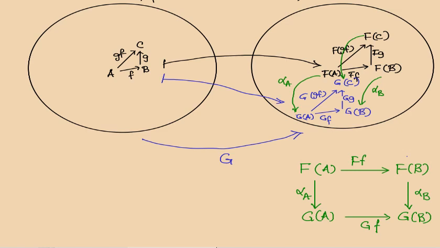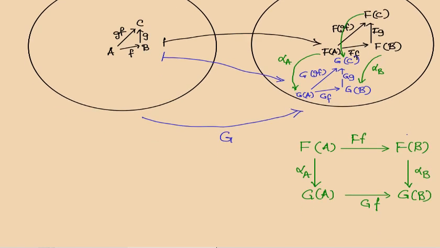But when they say it is natural in the argument A, what is A, as a category? No, A as an object. Yes. So we often say this change, alpha, is natural in A. This is also how we will say it.